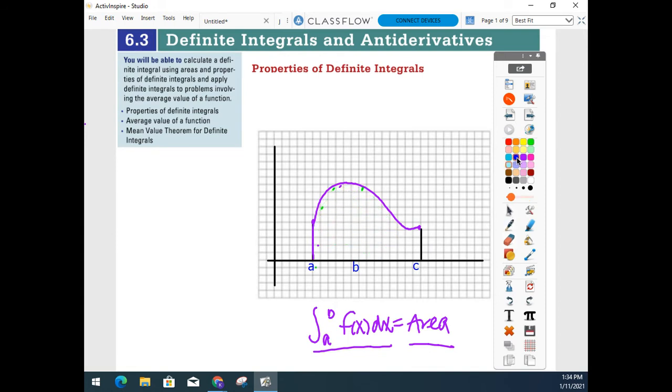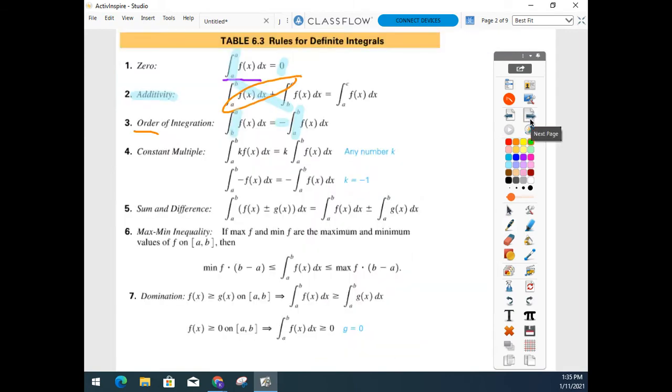It's just saying, if I go from A to B this way, A to B is just going to be the opposite if I go backwards from B to A. And it doesn't matter if we go A to B is the opposite of B to A, or B to A is the opposite of A to B. So if you switch the order of integration, going from B to A or A to B, it just negates the value.